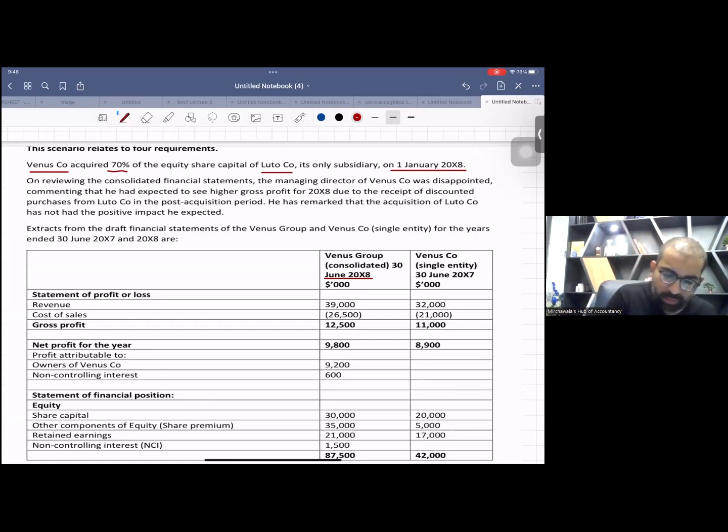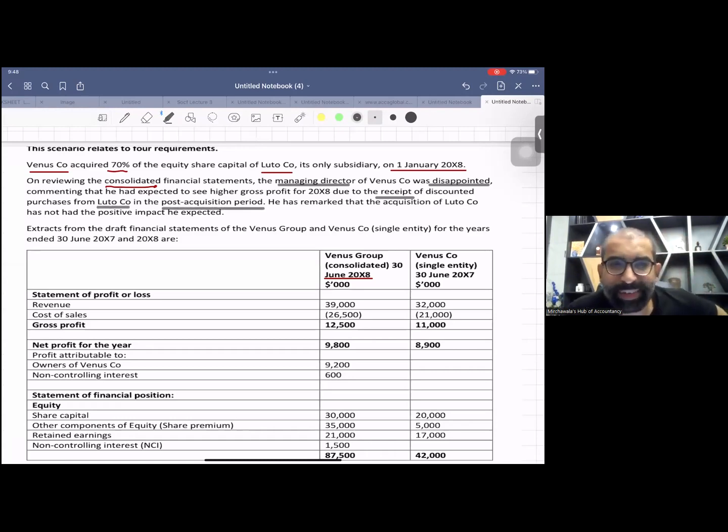On reviewing the consolidated financial statement, the managing director of Venus company was disappointed, commenting that he had expected to see higher gross profit for 2008 due to the receipt of discounted purchases from Luto company in the post acquisition period.